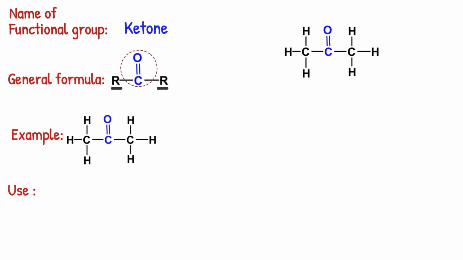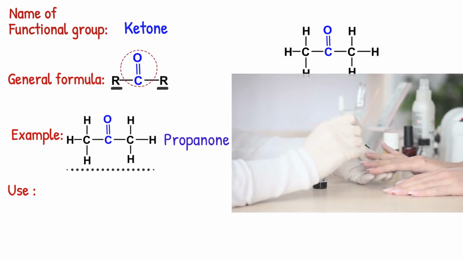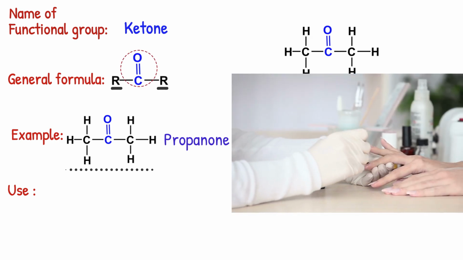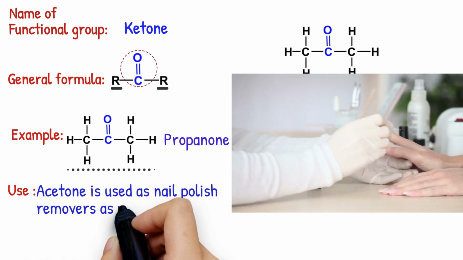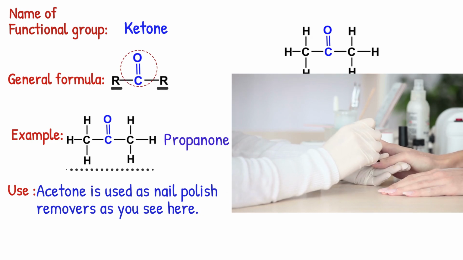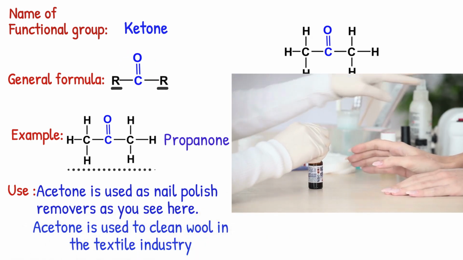Example of ketone: propanone. The chemical formula of propanone is this one. The uses of ketone. Propanone, also called acetone, is used as solvent. Acetone is used as nail polish removers, as you see here. Acetone is also used to clean wool in the textile industry.